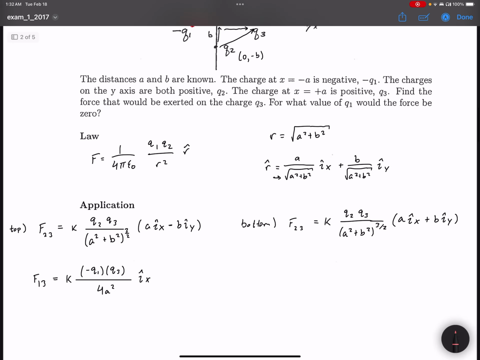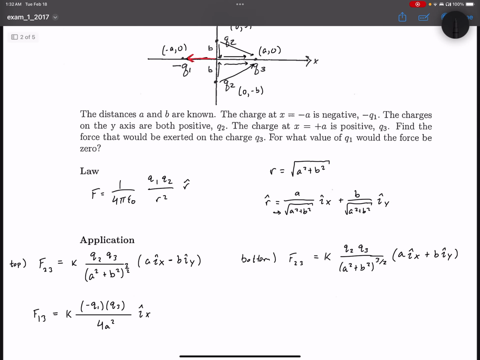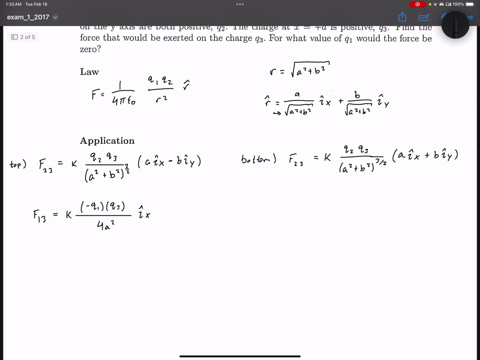So the negative is going to take care of itself. But now what we need to do is find the force on charge Q3. So what I would do is separate the components into the X and Y components. We're just adding these up, right?